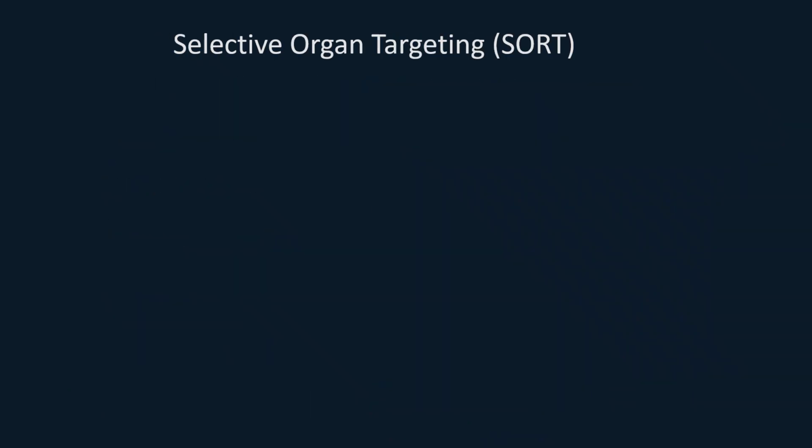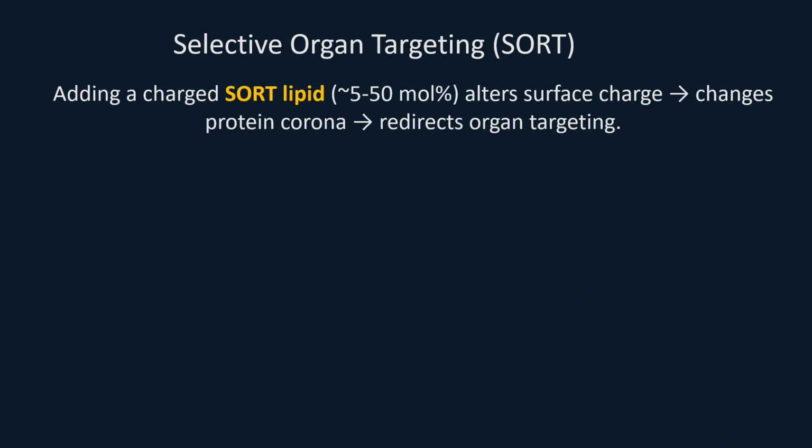As we just discussed, neutral LNPs default to the liver, but organ targeting can be redirected by changing surface charge. And this is done by adding a charged lipid to the formulation. A negative surface drives uptake mainly in the spleen, for example. Near neutral surfaces follow the lipoprotein pathway into the liver.